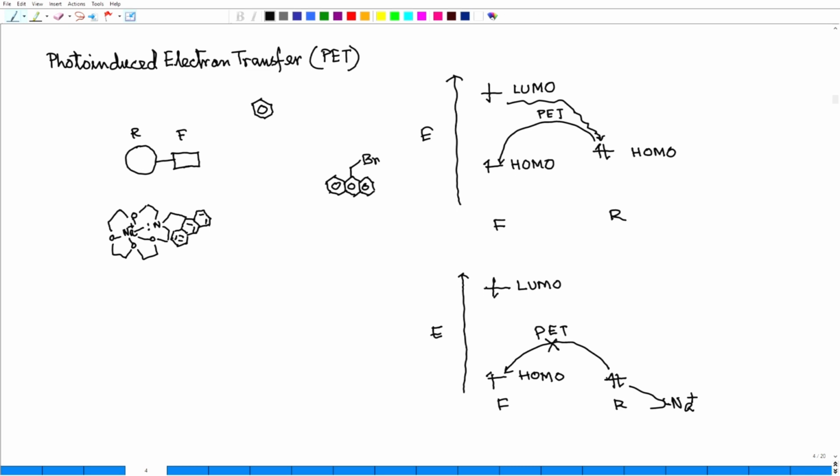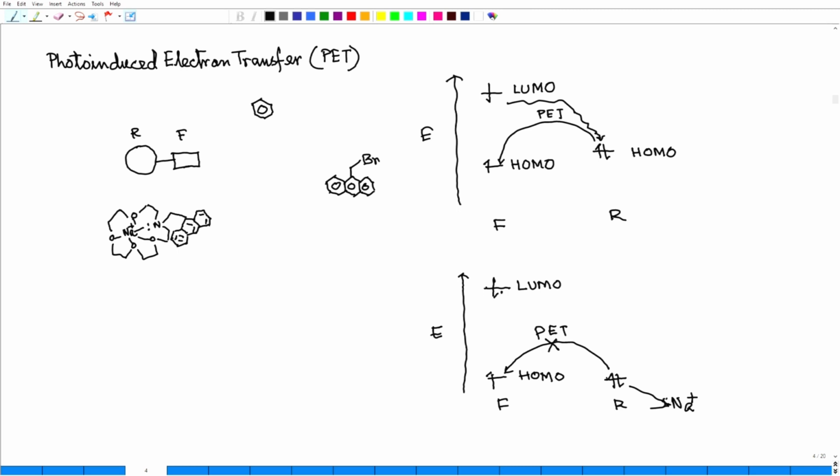Point number 2 is that this lone pair is engaged to the sodium ion, so it cannot donate. Therefore, when I excite it now, one of the electrons goes to the LUMO, but it cannot stay there.